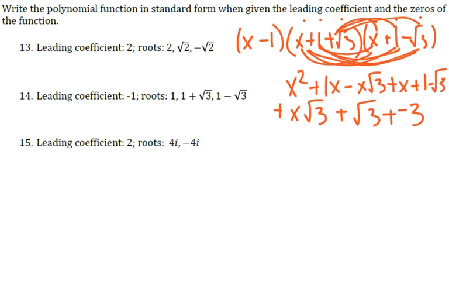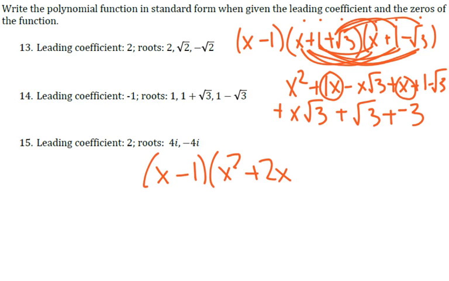Then we cancel what isn't the same. So we've got x minus 1 times x squared. Let's see. We've got 1x and an x. So that would be plus 2x. Negative x square root of 3 positive cancel out to 0. So does negative square root of 3 and positive square root of 3. Got a positive 1 and a negative 3, so negative 2.